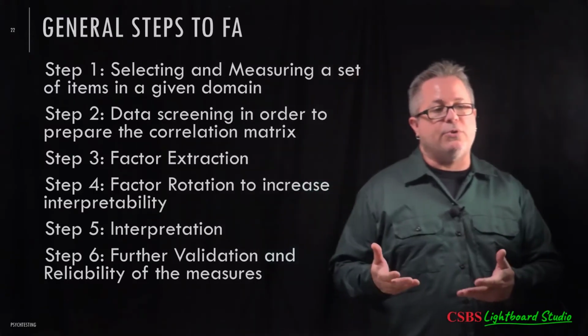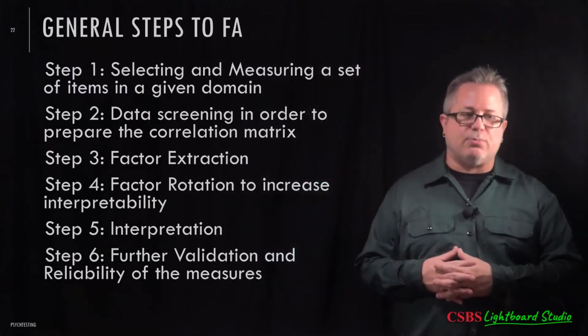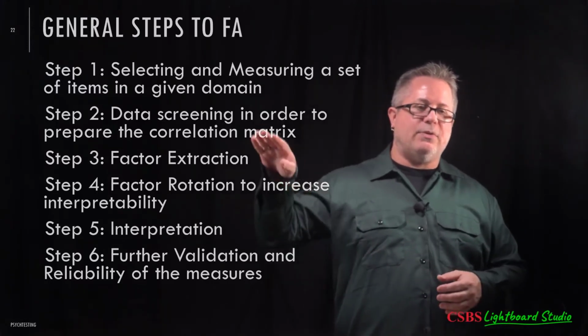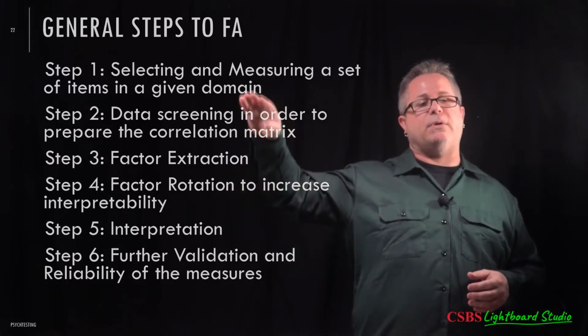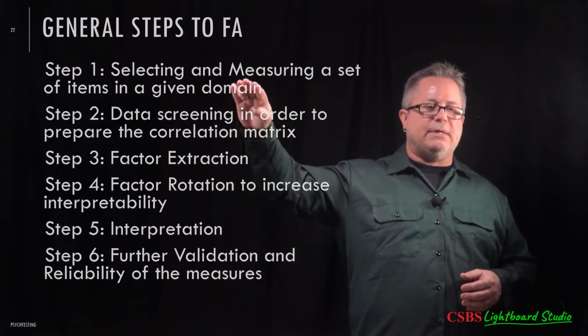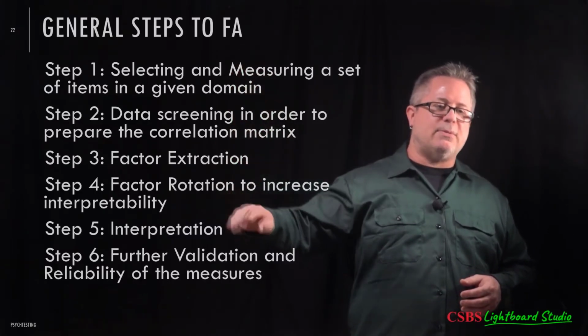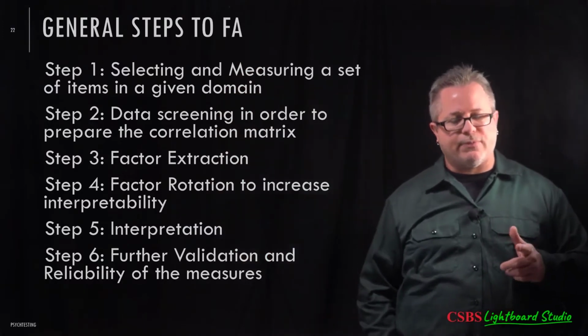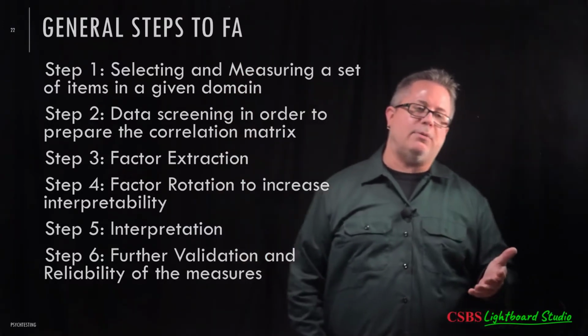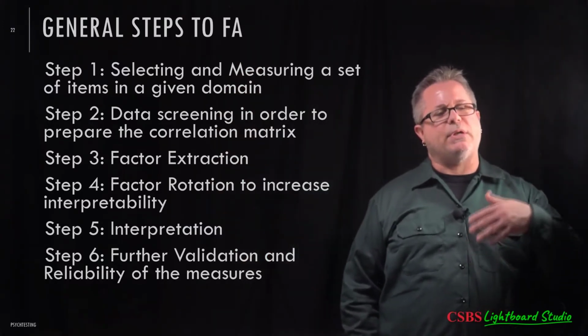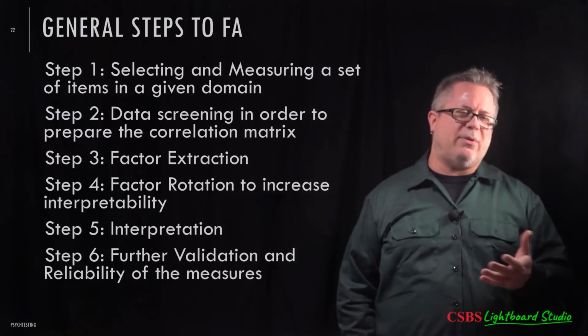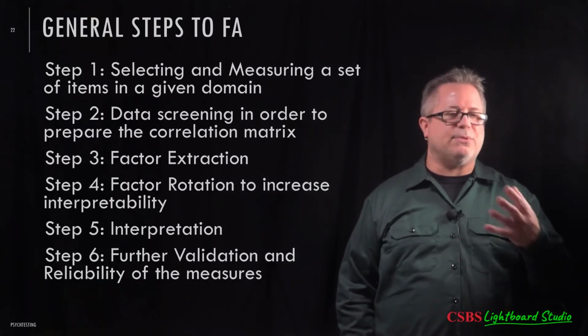Well, now you need to go about interpreting. You need to actually go through the interpretation process. Even though the stuff up here requires the mathematics and the intensive statistical components, sometimes the interpretation is actually the most difficult part, because now you have to look at items. You've got to look at what the items are asking, what the content of the items is, and try to figure out, well, why would these items go together?